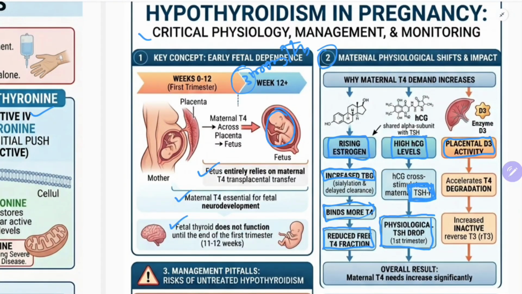The HCG, human chorionic gonadotropin, cross stimulates the TSH receptor. So there is a physiological TSH drop because of this cross negative feedback given by the HCG hormone. And D3: the placenta has D3. D3 will convert T4 to reverse T3, and reverse T3 is an inactive form.